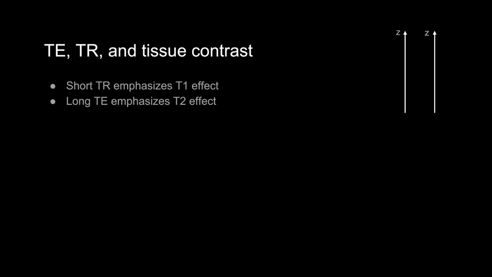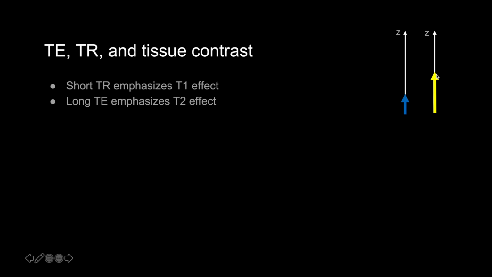If we apply a 90-degree RF pulse, the entire net magnetization vector is in the xy plane, and therefore there is nothing in the z-axis. After a very short period of T1 relaxation, these begin to relax in the longitudinal plane. The fat molecules, or hydrogen molecules in fat, have a much shorter T1 relaxation time, and so they relax towards the z-axis a lot quicker, and after a very short period of time have a bigger net magnetization vector in the z-axis.